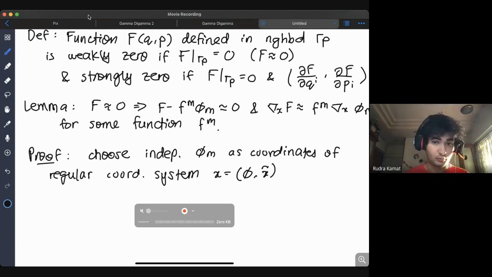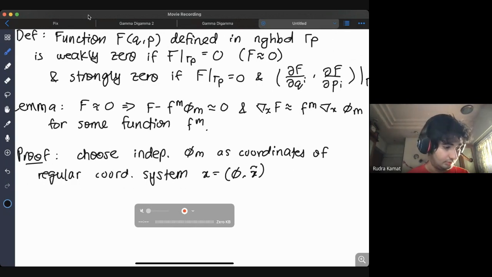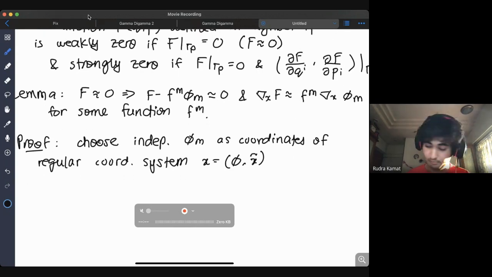X tilde are coordinates on gamma sub p, and phi are the coordinates that we mentioned before in a neighborhood of gamma sub p.